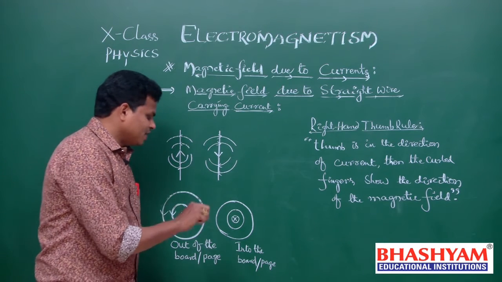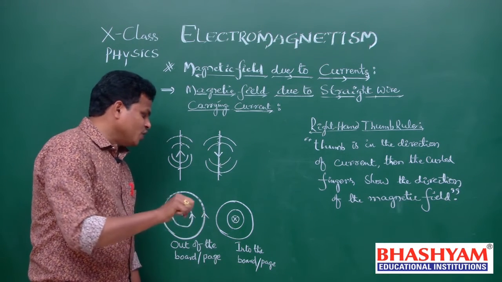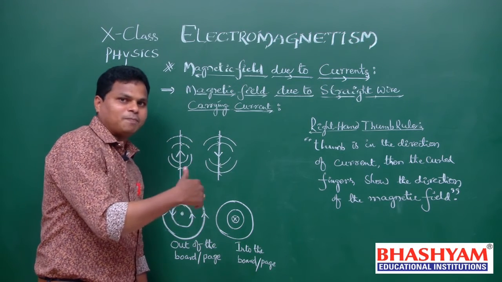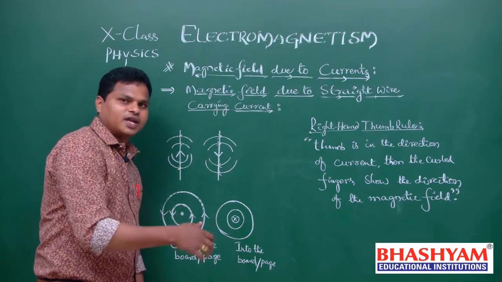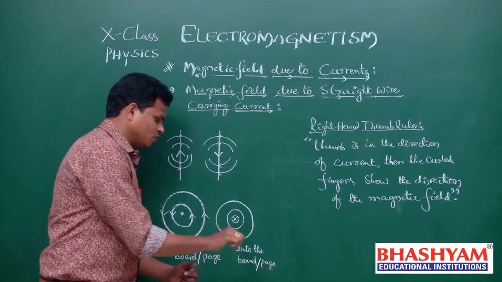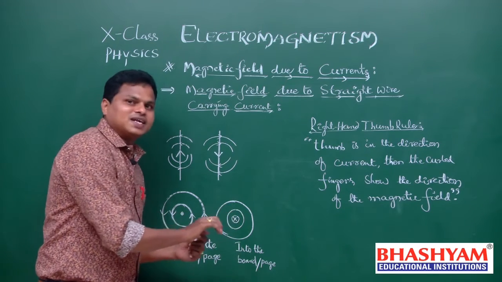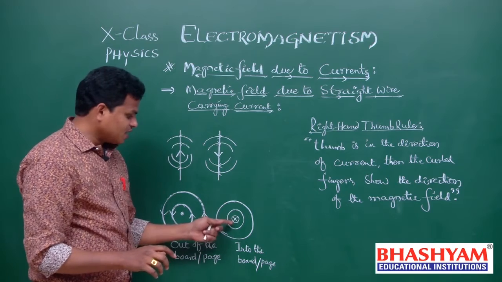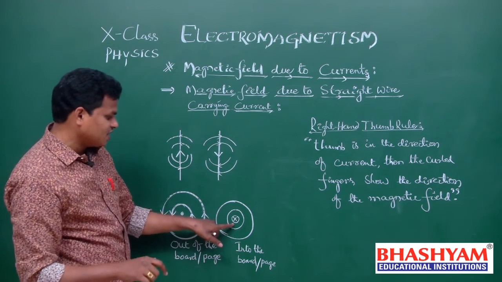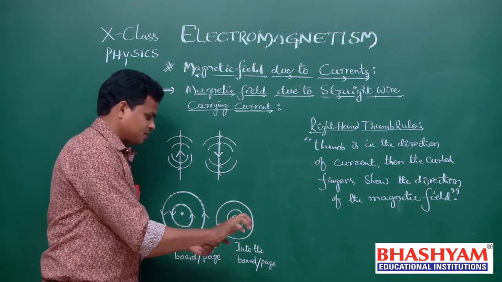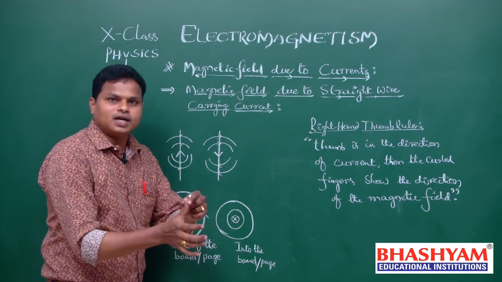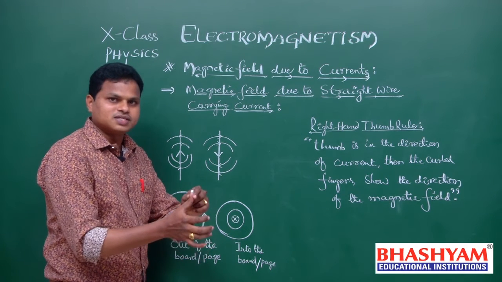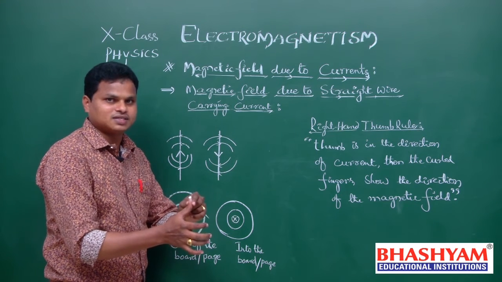Now, what happens when the current passes into the board or into the page? If you take a page, into the page. If you take a board, into the board. Now, what is the direction of the magnetic field in this situation? Here the cross mark indicates the current into the board. Using the right hand thumb rule, you can find the direction of the magnetic field lines.